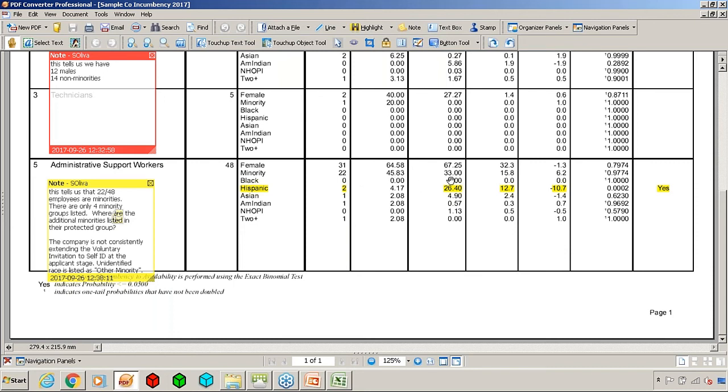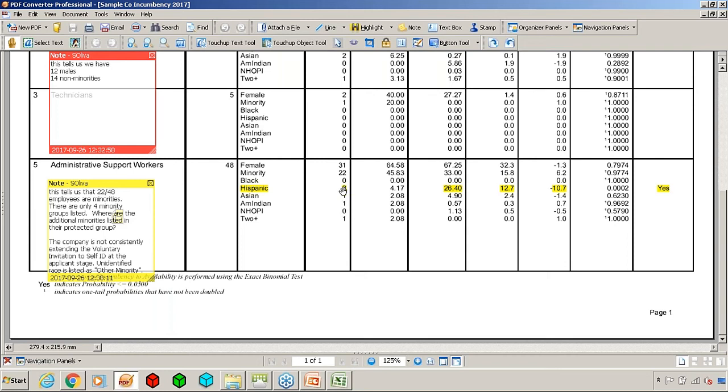What's available for minorities in their census area is 33%, so they would expect them to have 15. They have 22, so they have 6 more minorities than they would expect. But they only have 2 Hispanics. They would expect them to have 12 Hispanics. So they have a placement goal here.